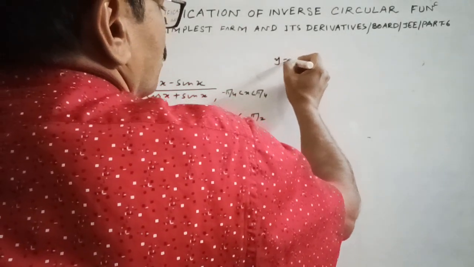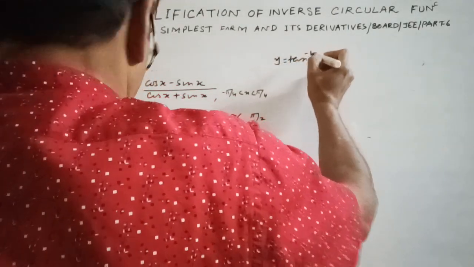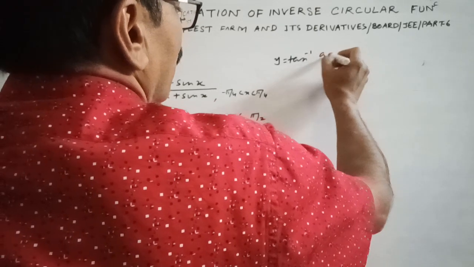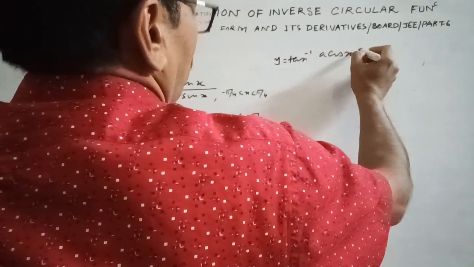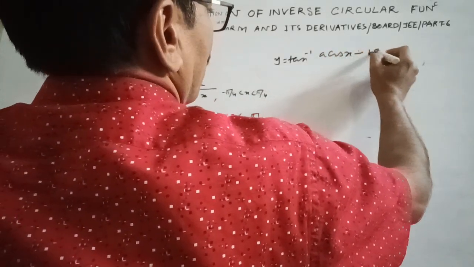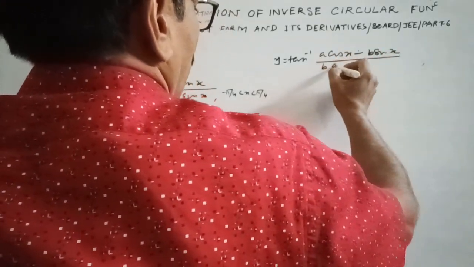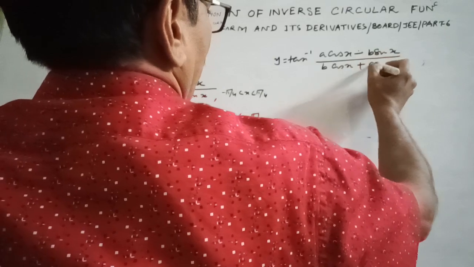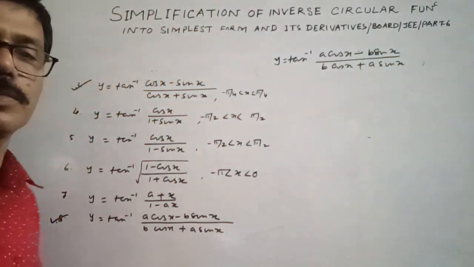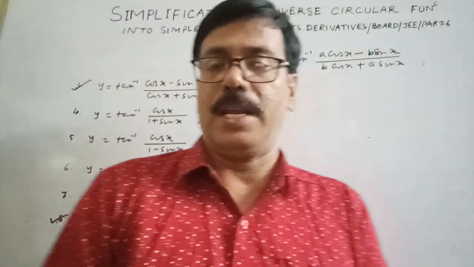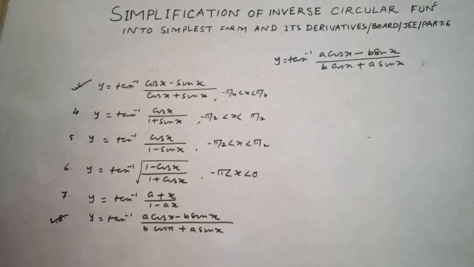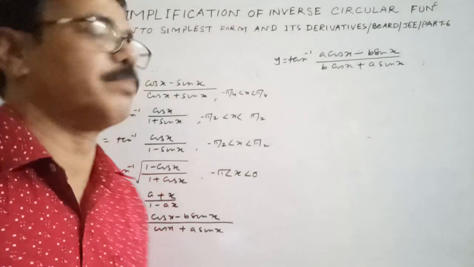So y equals to tan inverse a cos x minus b sin x by b cos x plus a sin x. So our main aim is to simplify this one, then perform derivative.